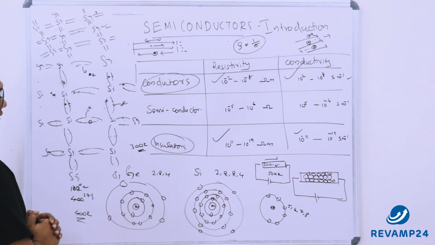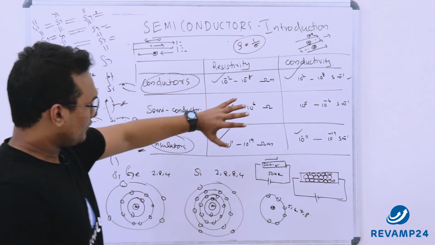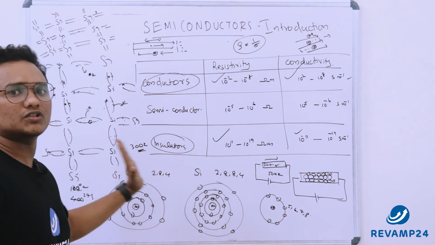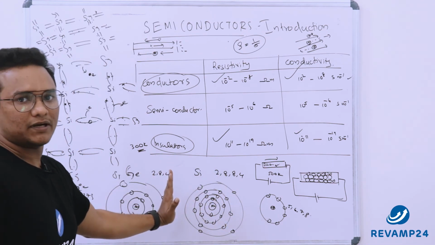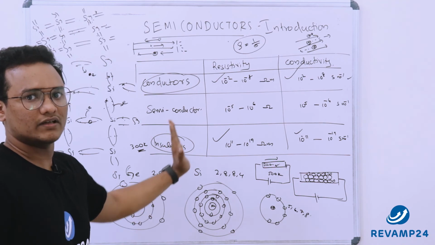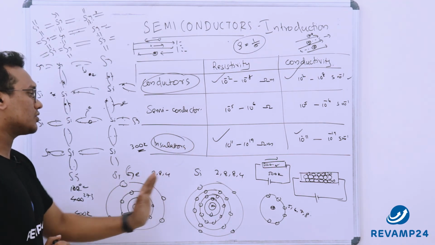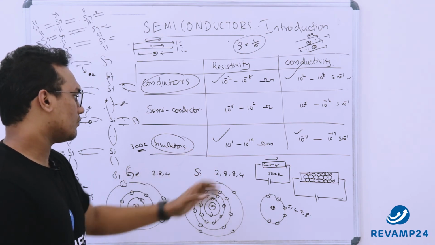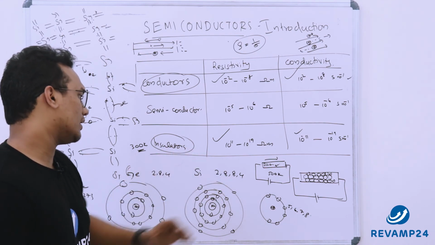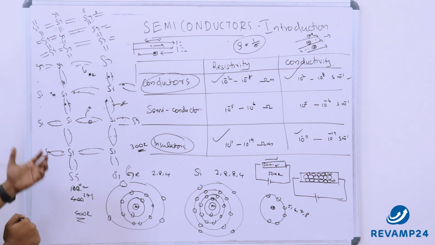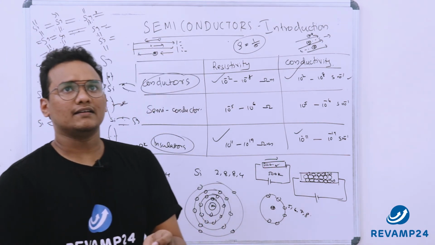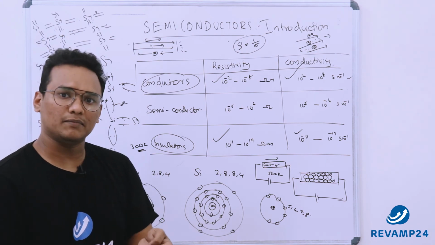Now we have learned that this can behave as an insulator and also as a conductor, depending on the temperature where we keep it. There are also multiple scenarios. What I am talking about here are pure elemental semiconductors. We also have compound semiconductors: gallium arsenide, indium phosphide, cadmium sulfide.